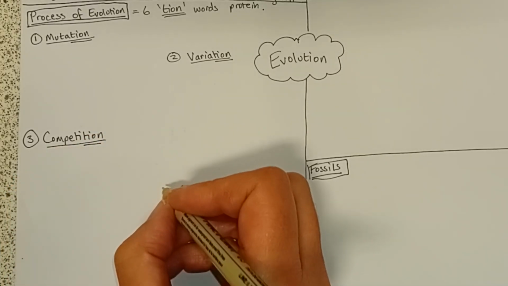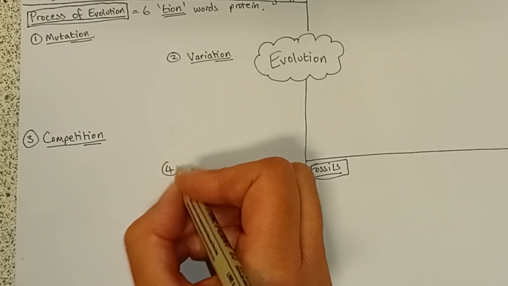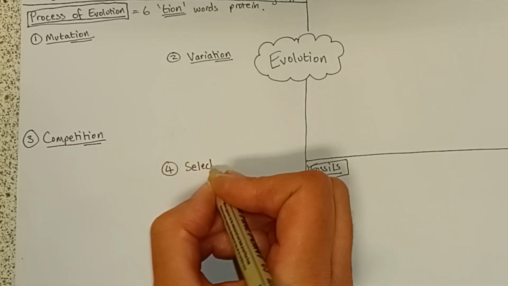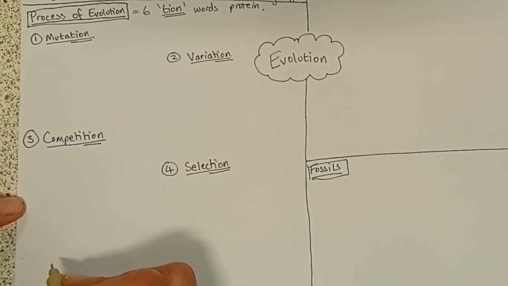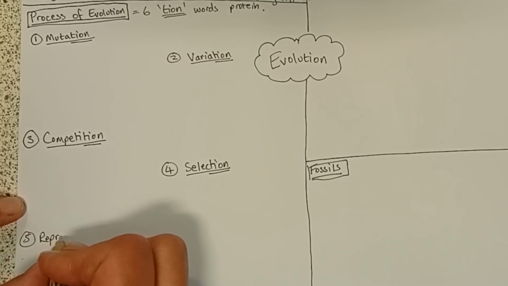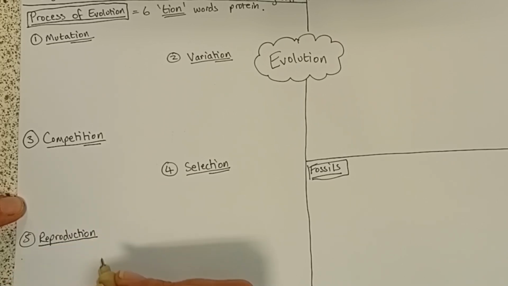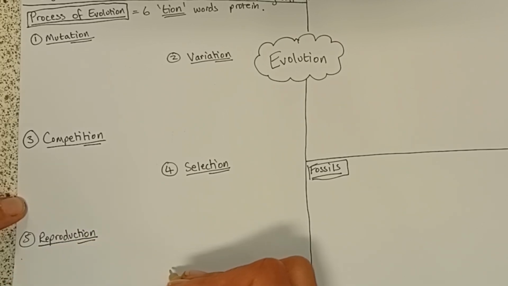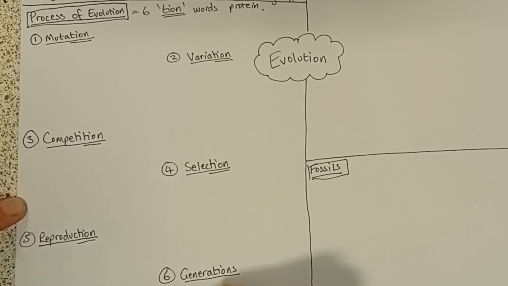The fourth is selection. The fifth is reproduction. And the sixth is generation. Actually, generations.